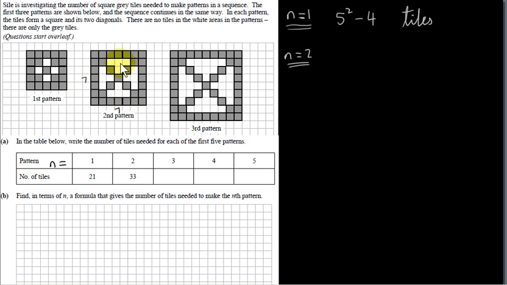So if no tiles were removed, we would have 7 times 7, or 7 squared tiles. That's 49. However, we have tiles removed. So what's removed? Well, these 4, which correspond to these 4 here actually. But not only that, we have more new tiles removed here.